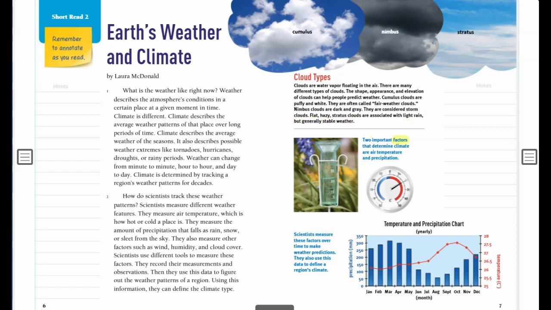Two important factors that determine climate are air temperature and precipitation. Scientists measure these factors over time to make weather predictions. They also use this data to define a region's climate. Temperature and precipitation chart. Yearly. Precipitation, millimeters. Month. Temperature, Celsius.